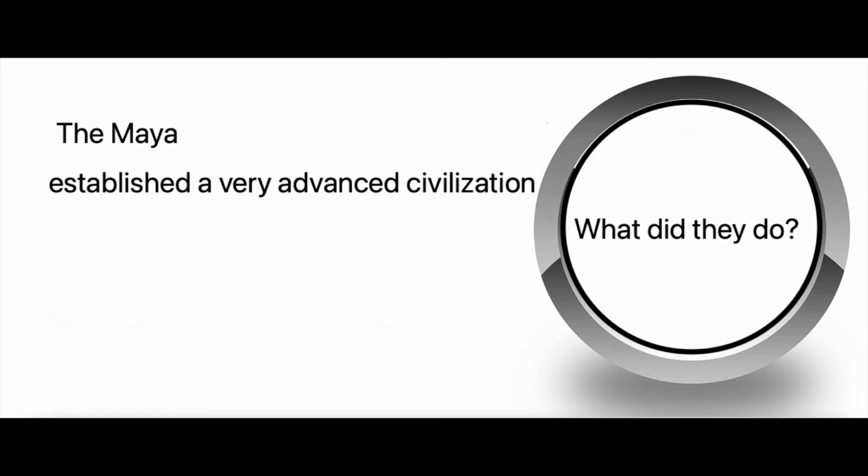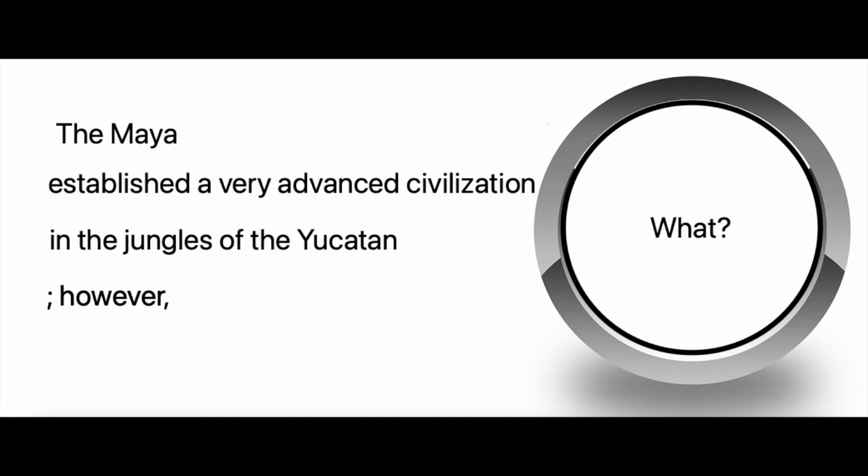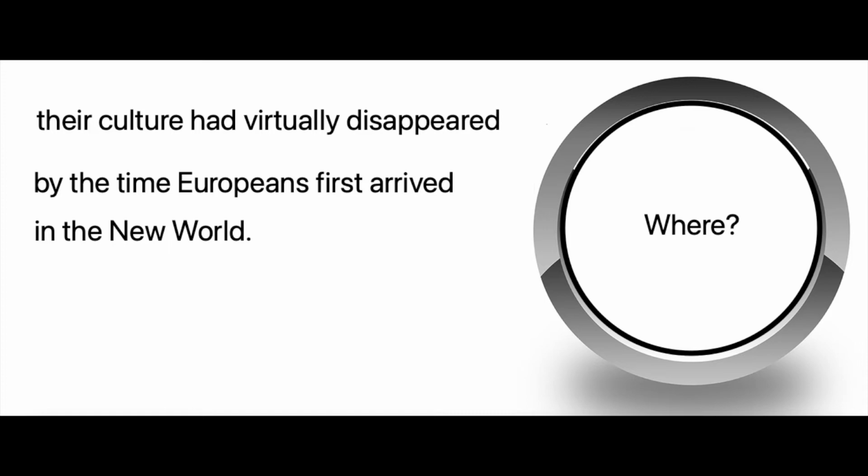What did they do? Established a very advanced civilization. Where? In the jungles of the Yucatan. However, what? Their culture had virtually disappeared. When? By the time Europeans first arrived. Where? In the New World.